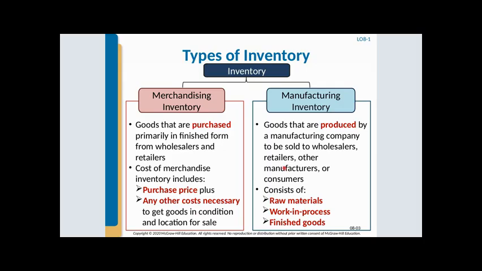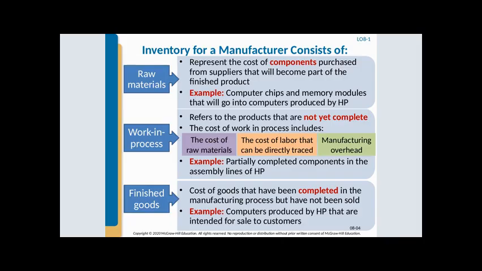If they are manufacturers, we're going to see a different breakdown or presentation on the balance sheet. Okay, so just giving the specifications of the raw materials, work in process, and finished goods. And I'm sure you guys will have a lot of fun next semester when you sign up for 305. You're going to be looking at this in more detail.